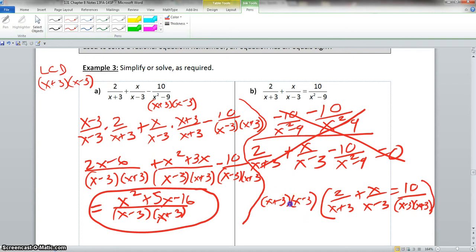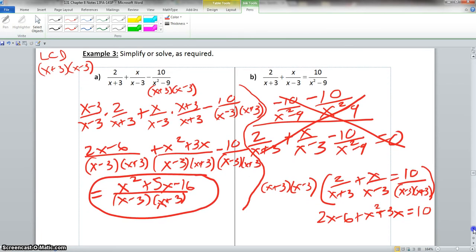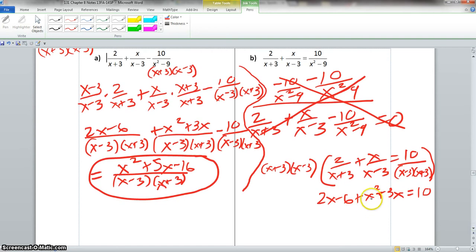Okay, so here, these x plus 3's will simplify out. You add 2x minus 6. These x minus 3's will simplify out, and you will have x squared plus 3x equals. This x plus 3 and x minus 3 will simplify out, and that will give you 10. Now, we combine like terms.